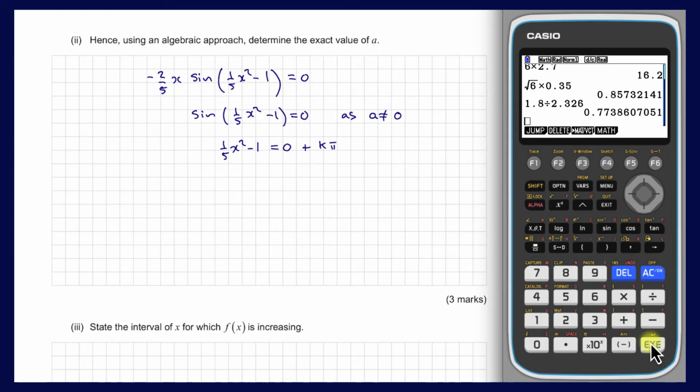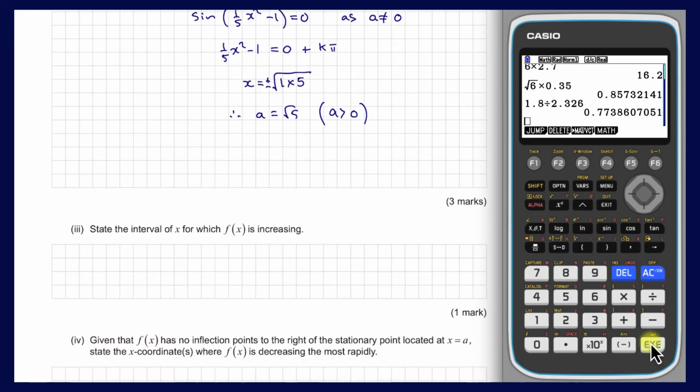So the smallest value that we're looking for here will be just rearranging that equation for x, and that will be x is equal to, if we bring the 1 across, times by 5, and then we take the square root of that. We want the positive square root because a is a value greater than 0. And now we have an exact boundary for the interval for which f of x is increasing: between 0 and root 5.